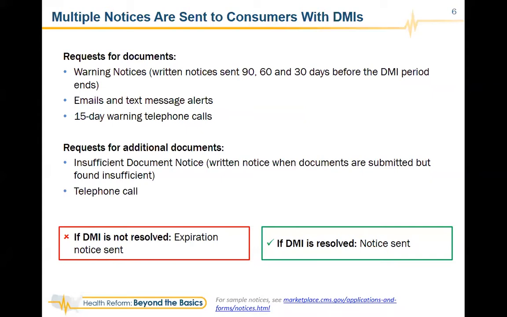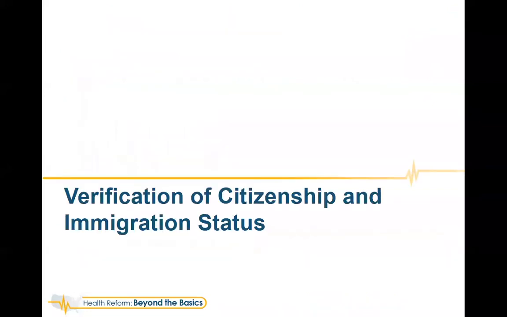In the case of a citizenship or immigration DMI, the consumer would be told that their coverage is going to end. And then there are also, of course, notices provided to consumers who have successfully resolved their DMIs as well.